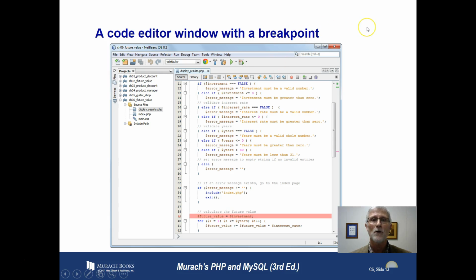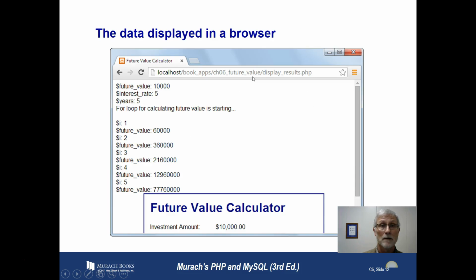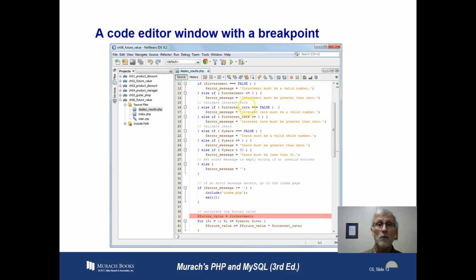Now, if you have a code editor, like in this case NetBeans, you can set breakpoints. So instead of putting a bunch of echo statements in, like we did up here, you can set a breakpoint. How do I set a breakpoint? If you go to the line of code you want and left click the line number, you'll see a red square, and if you look at it closely, there's a little bit of a break in between it. So it's a breakpoint.